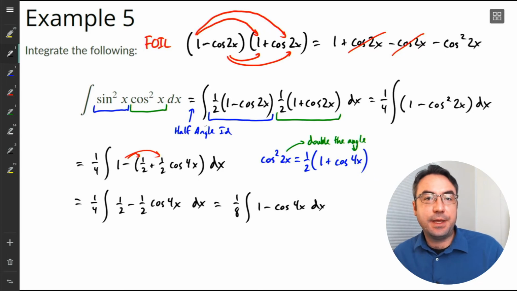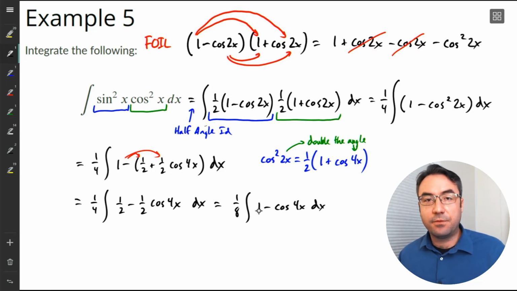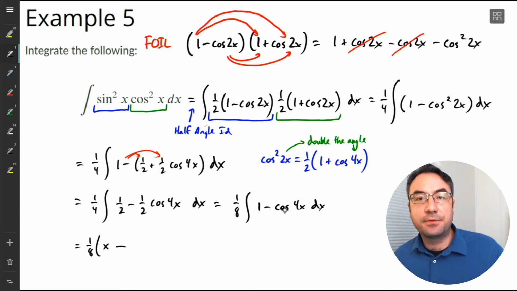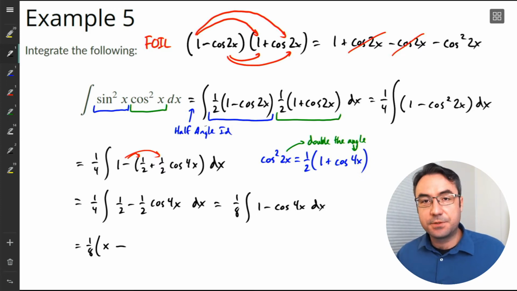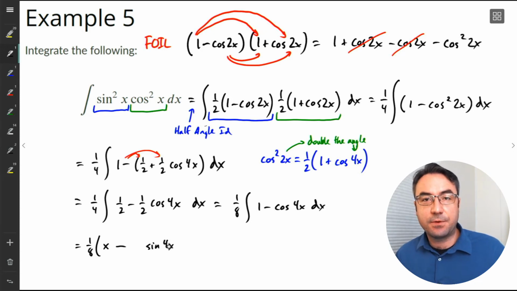Now we can actually do the antiderivative. So what's the antiderivative of 1? It's x. And then what's the antiderivative of cosine 4x? Well, this is one of our k-form integrals, so the antiderivative of cosine is sine, and we keep the inner function the same, so it's going to stay 4x.